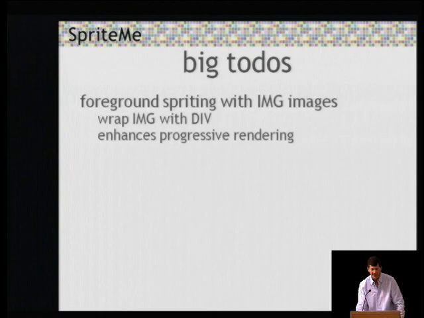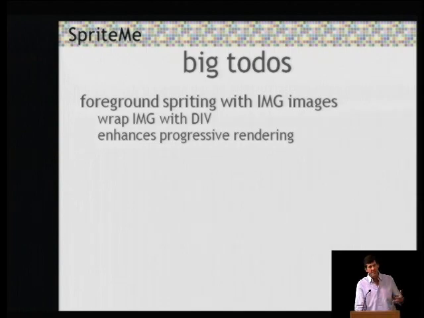There are a couple of big ones. Right now, SpriteMe only looks at CSS background images. Although we see that, on average, we can get almost 10 HTTP request savings, by far, regular content or IMG images are much more prevalent in web pages today. There is a way that you could sprite these IMG images, but it requires more changes to your markup.